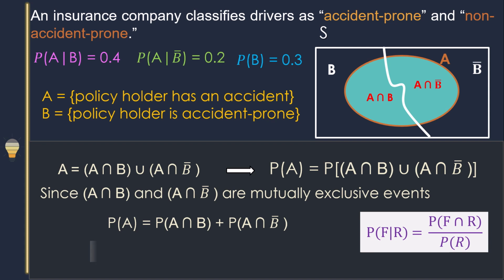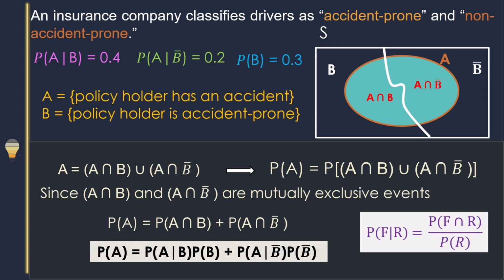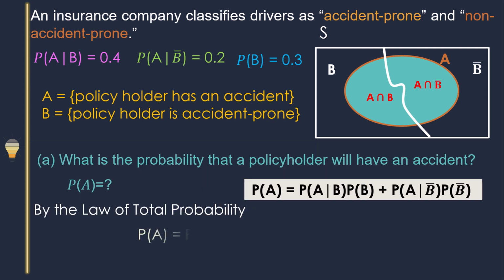So applying that, probability of A equals probability of A given B times probability of B plus probability of A given B complement times probability of B complement. So that is the law of total probability, right? That is the one we write here.